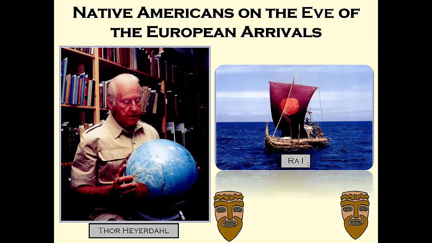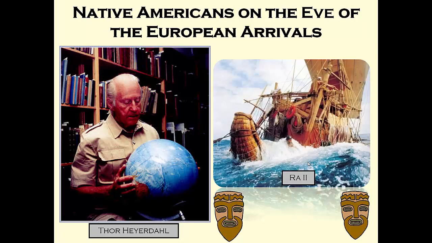He built a boat out of paper, and he sailed it across the Atlantic Ocean. Now, he ran into some troubles. His boat sank in a hurricane, so he built it again, called it Ra-2, and he completed his voyage, sailing some 3,200 miles in 57 days.